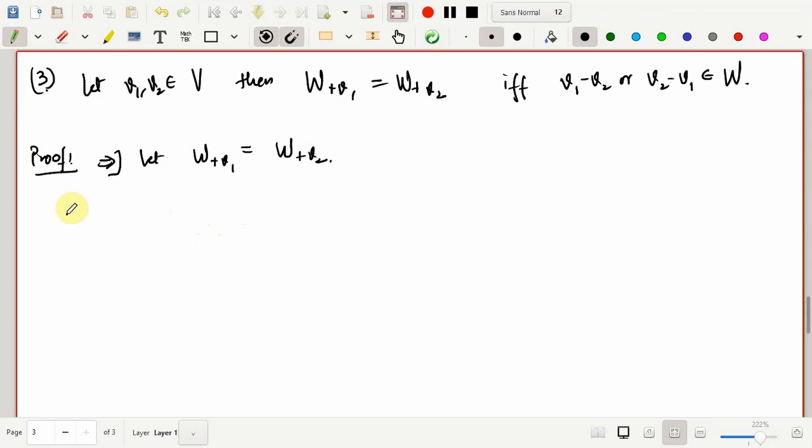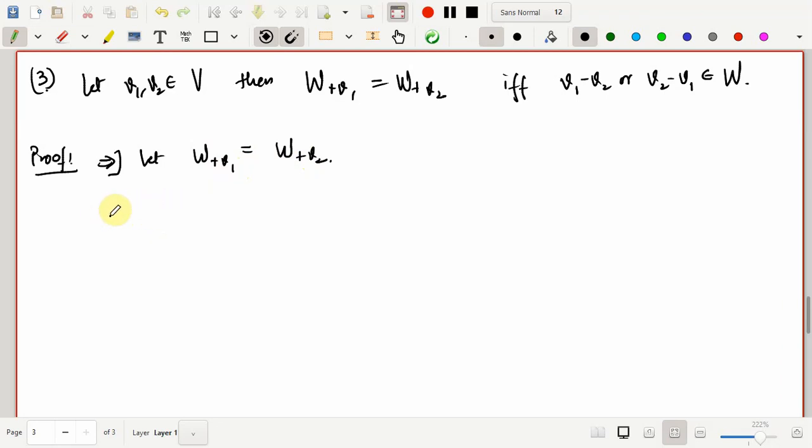Now, this will be shown by proving that either V1 is in W plus V2, or V2 is in W plus V1, and that is very easy to observe.